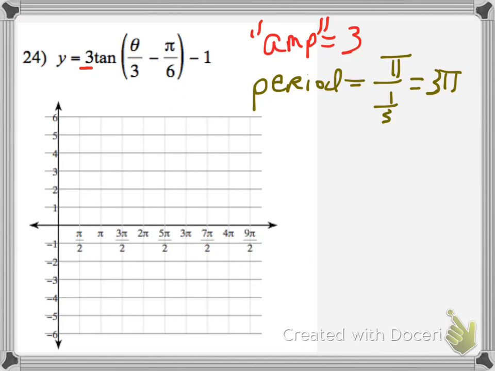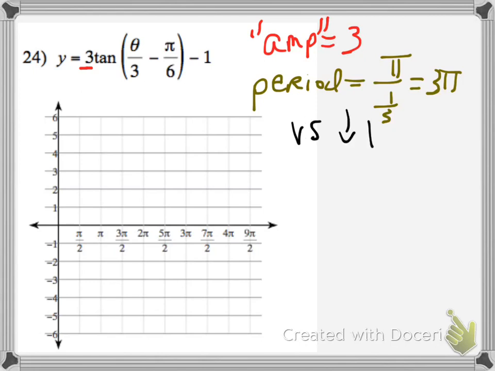One main part of the graph is going to be 3 pi. If you go back to your notes in the unit, you'll remember we had the main section of the graph, and then it just repeated, and we only had to worry about graphing the main section because everything else was the same. Then we have a vertical shift of down 1.